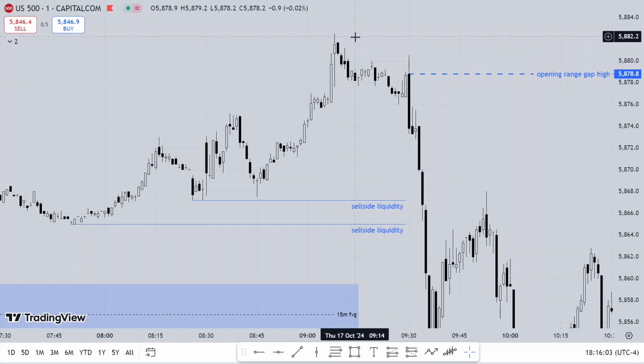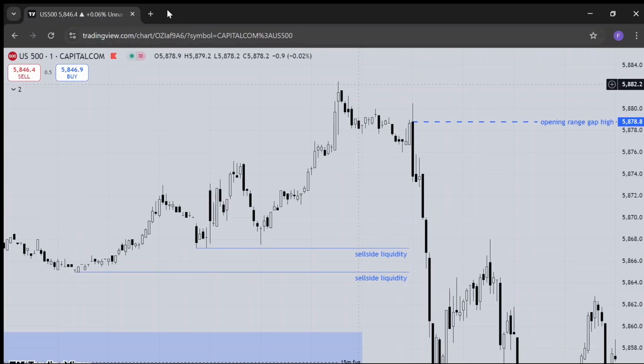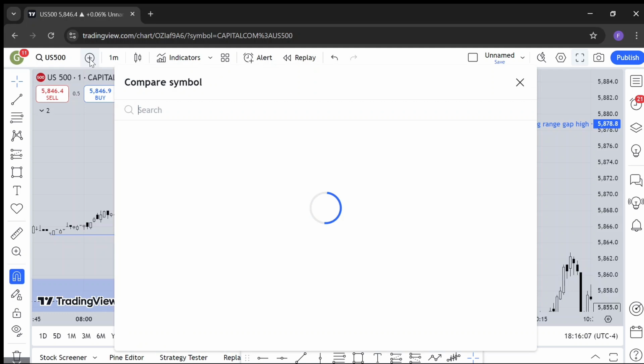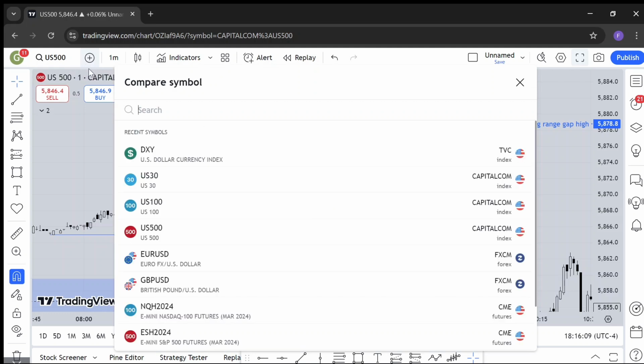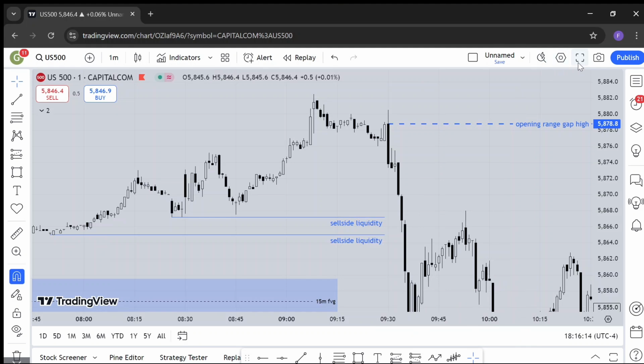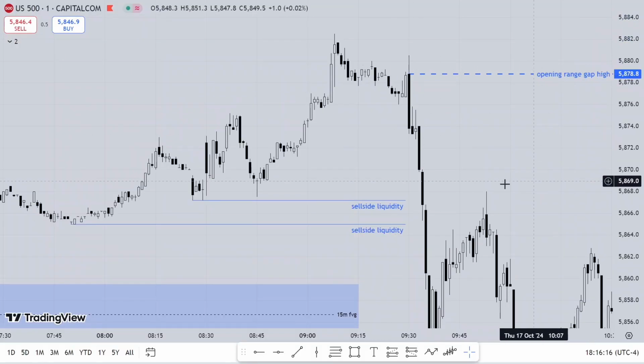I would want you to go to your chart and use this compare button, and pick the Nasdaq and the Dow. Do that by yourself for your own study, because it will help you understand the idea of SMT and the relationship between intermarket analysis.